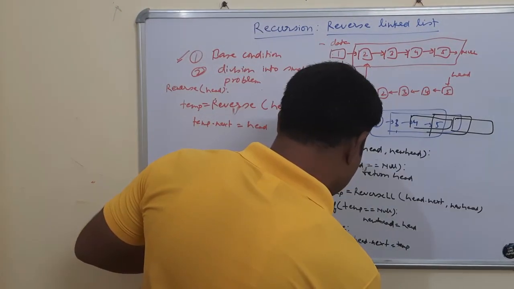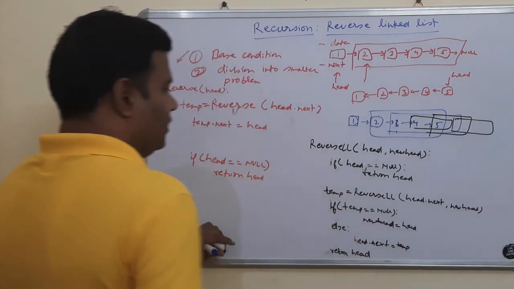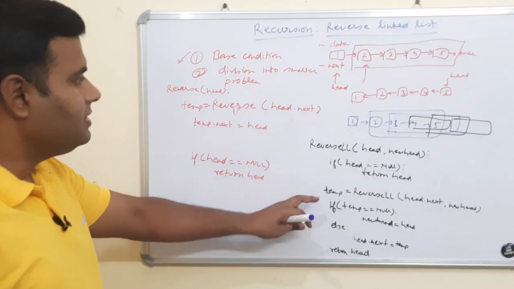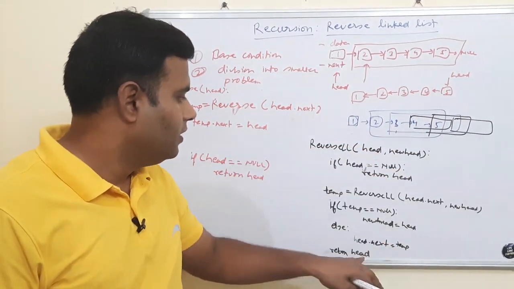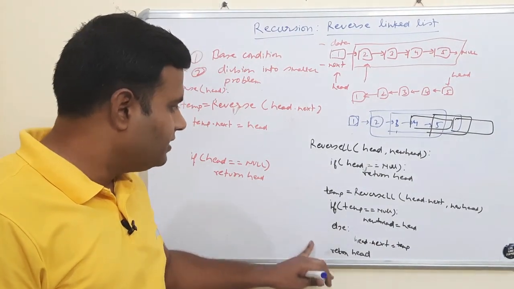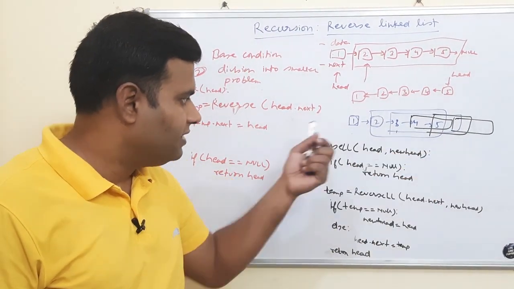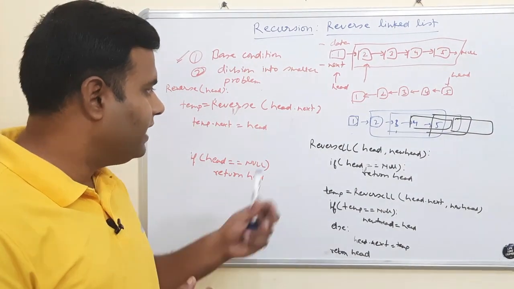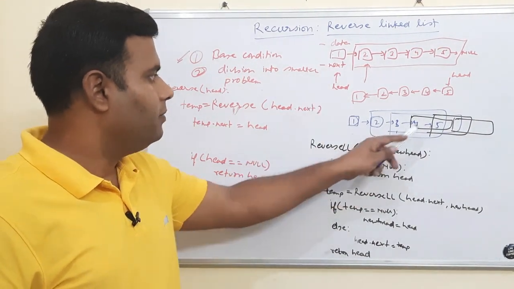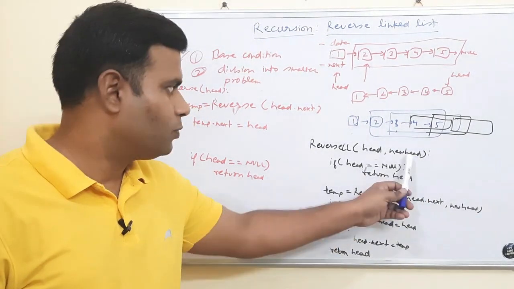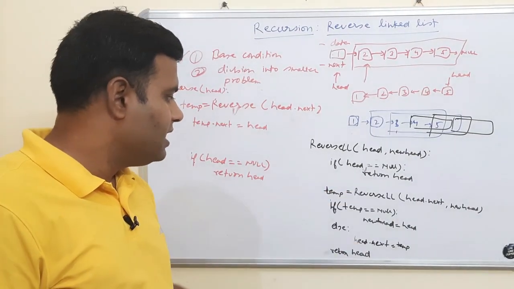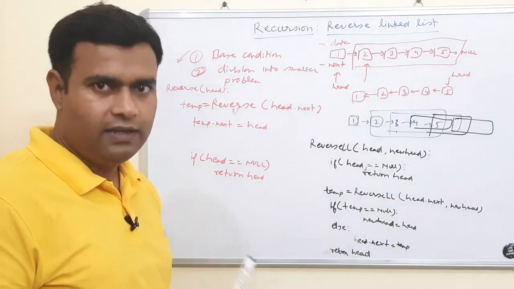So at the end you are returning head, meaning the temporary head of the problem that we are solving. If you dry run this code on this problem, you will get the right answer. And at the end the new head, basically the last pointer, will be saved in this new head reference, and your whole list will be reversed.